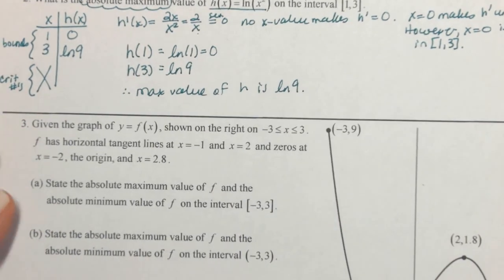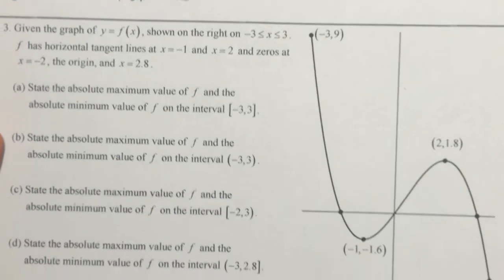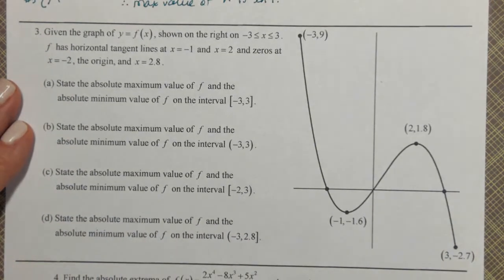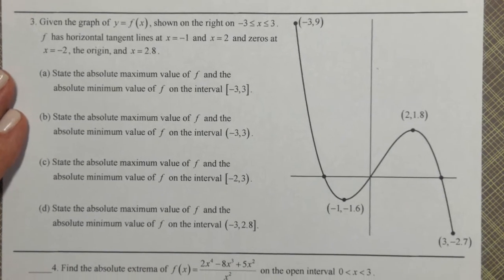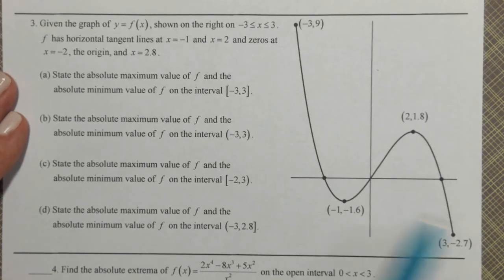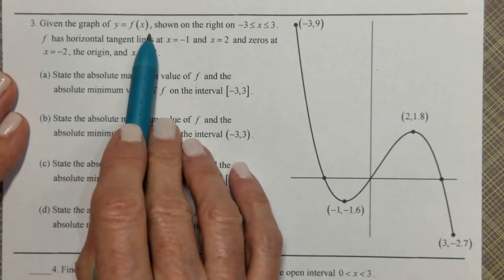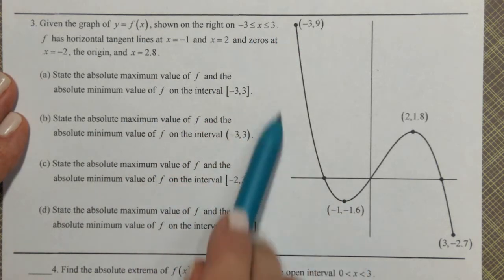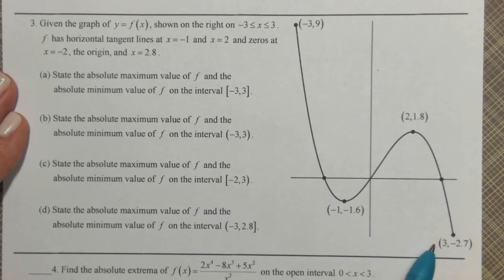Okay? All right, let's take a look at this function. Let me zoom out a little bit so I can get it all on there. We are given the graph of f of x, y equals f of x, shown on the right from x equals -3 to x equals 3.